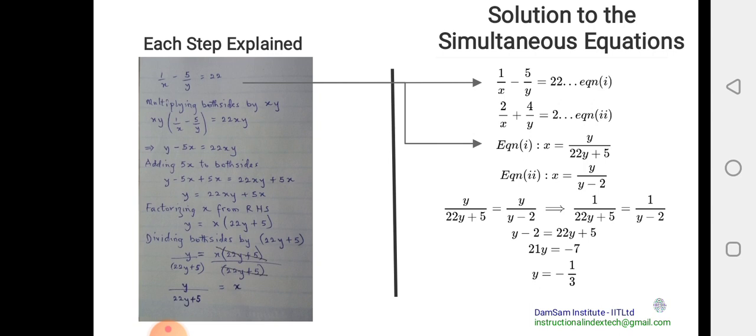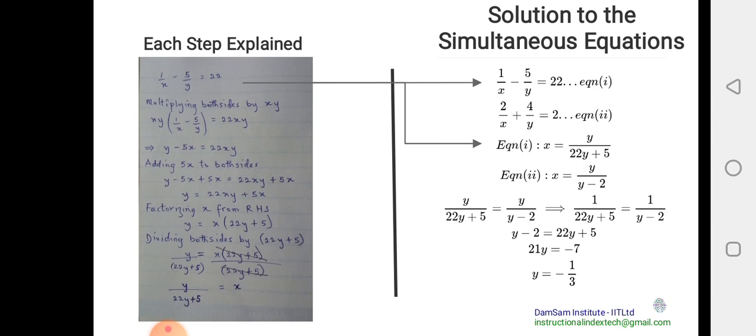Again, we factorize x from the right hand side, and we obtain y is equal to x into 22y plus 5, and 22y plus 5 is the coefficient of x, so we divide both sides by it. Then we have x is equal to y over 22y plus 5, just like that.